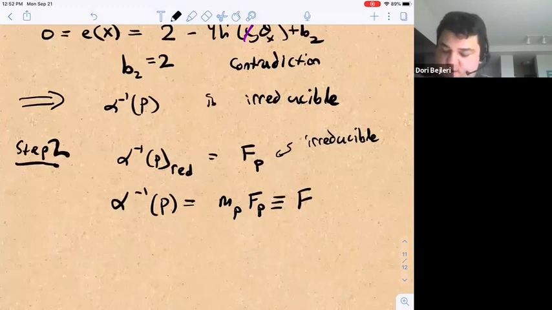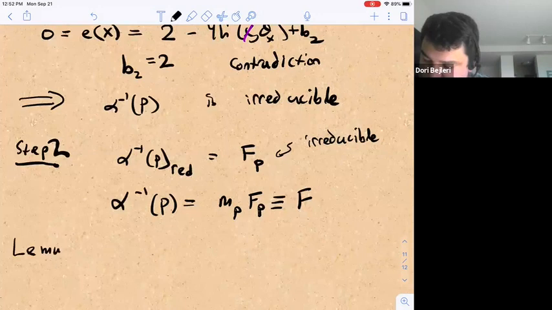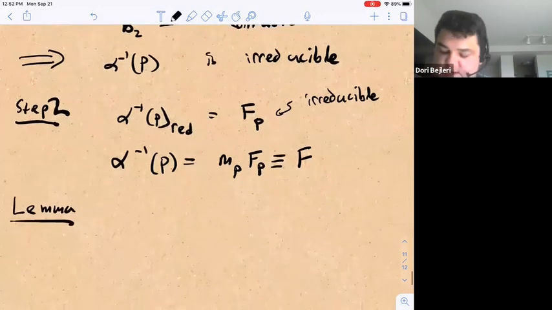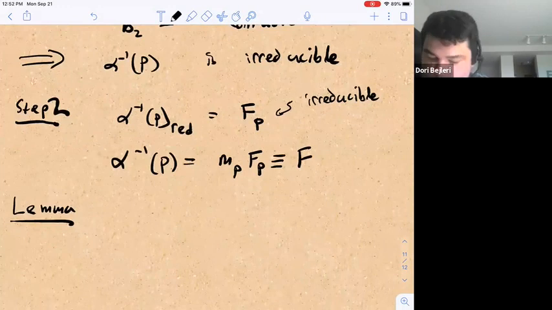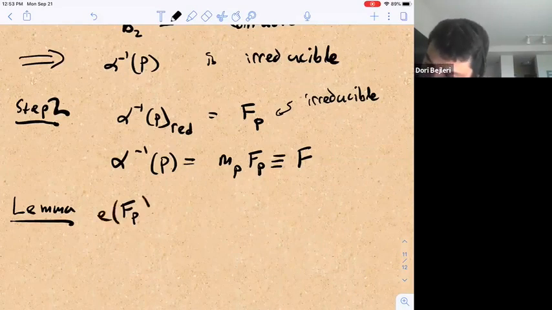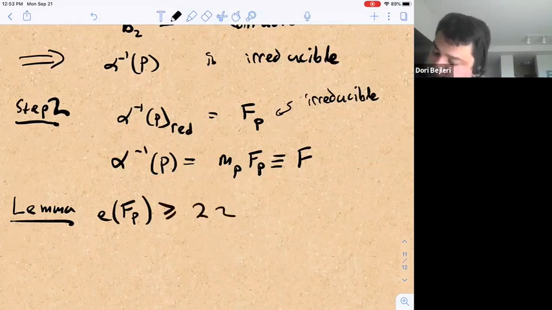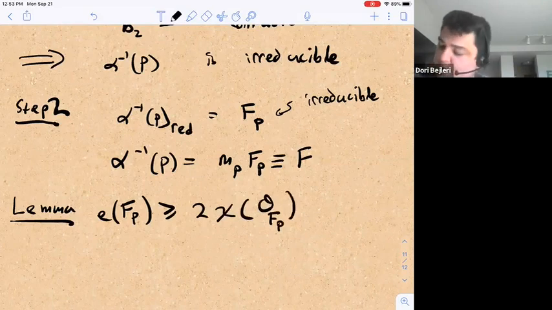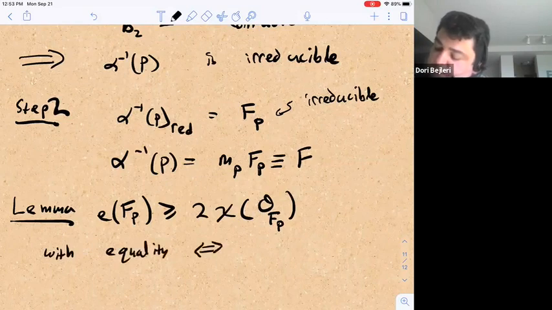Okay, so let me leave the following lemma as an exercise, which is a statement about curves. If you have any curve, in this case Fp, but Fp is some possibly singular curve, then the statement is that the topological Euler characteristic of Fp is always greater than or equal to 2 times the Euler characteristic of the structure sheaf, with equality if and only if Fp is smooth.